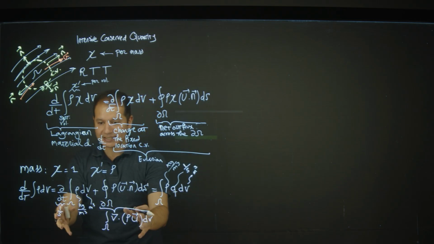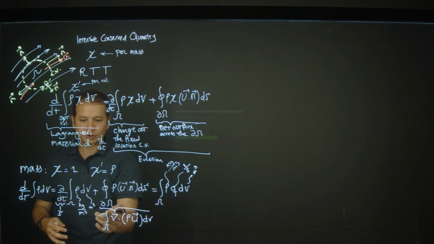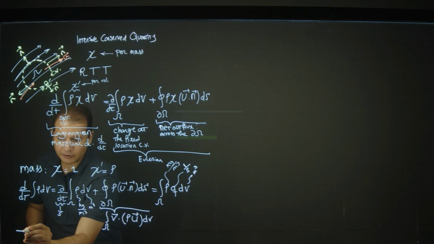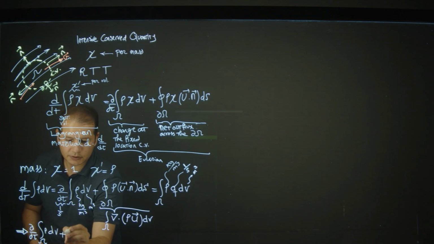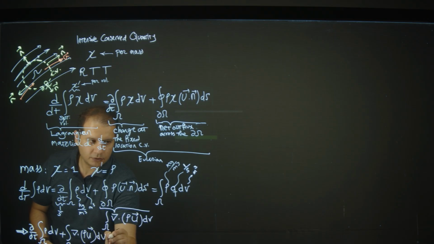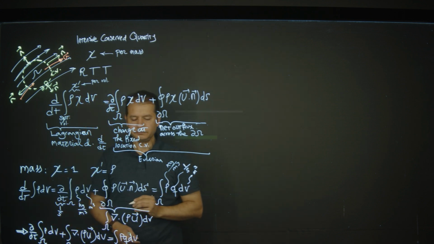So my entire equation will be d/dt over the control volume of rho dV plus over the control volume the divergence, which is the net outflux of rho u, dV, equals rho Q dV over the entire volume.